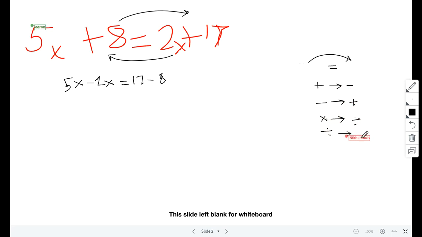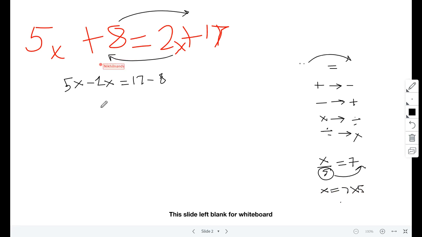For example, let's say x upon 5 equals 7. Now this 5 is in the denominator, it is in divide. When it goes there, it will become multiply. Understood? Okay. Yeah, that's easy.